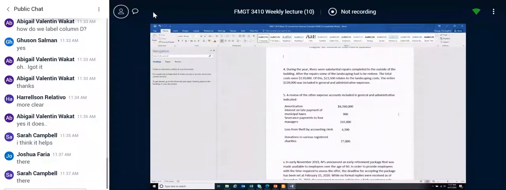Basically, if you get charged interest or late penalties under the Income Tax Act, 18.1T says those are not deductible. You cannot show those as a deduction.